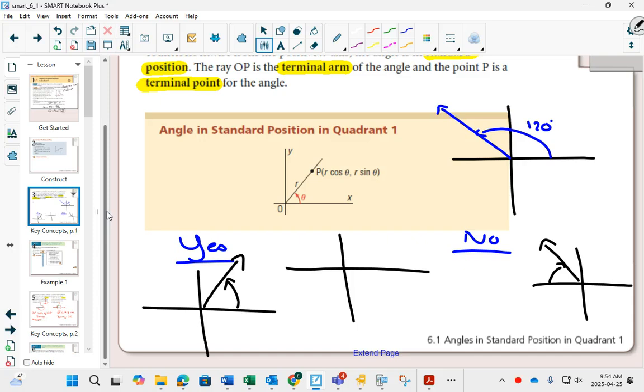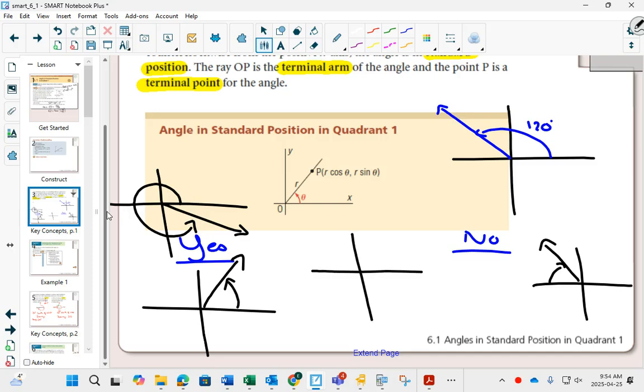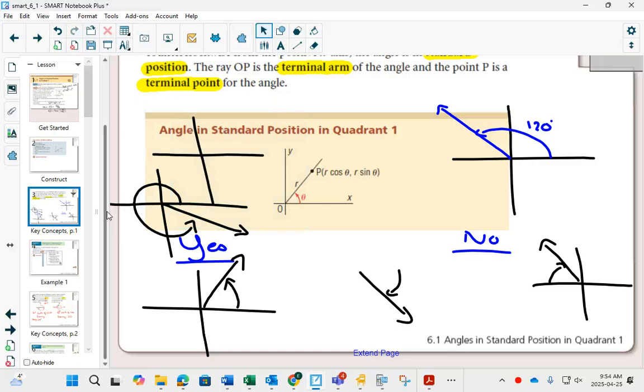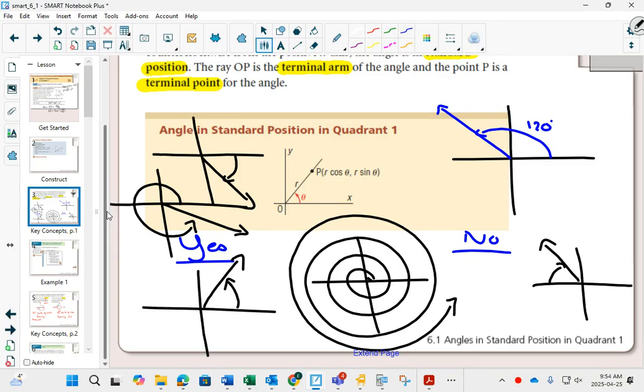How about that one? Yeah, okay. That one is a yes. It has to start at the top right. What about this one? No? All right, you got that one wrong. Okay. What about this one? Yeah. Okay.